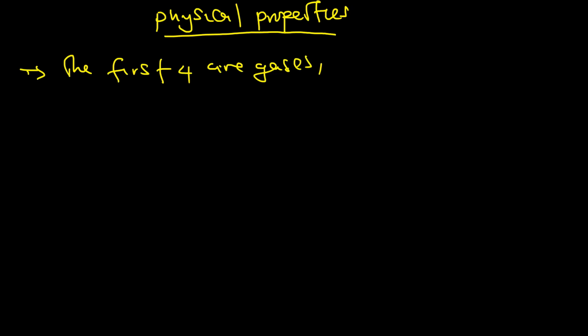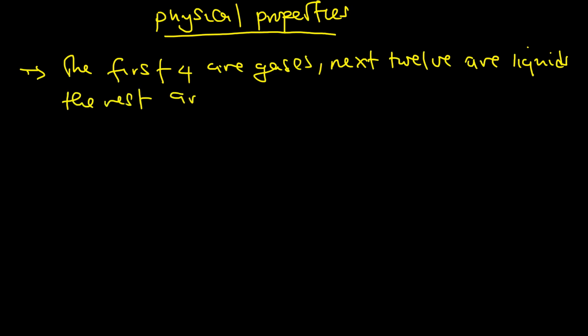The next 12, which means from carbon 4 up to 12, are liquids. Then the rest are waxes. Okay, so the first 4 are gases, the next 12 are liquids, the rest are waxes. That is one of the physical properties.